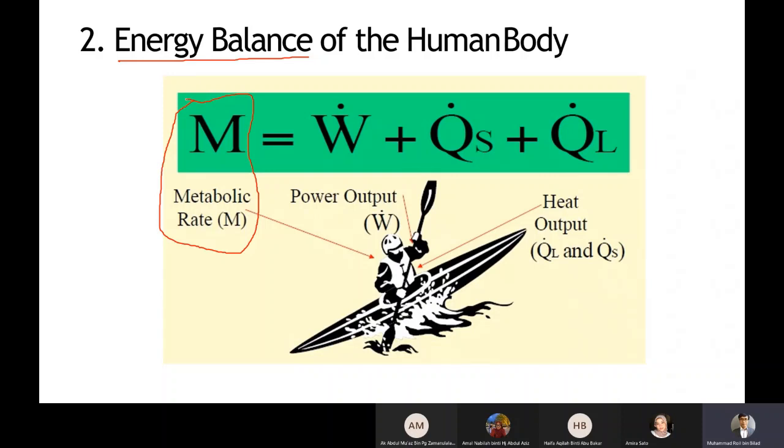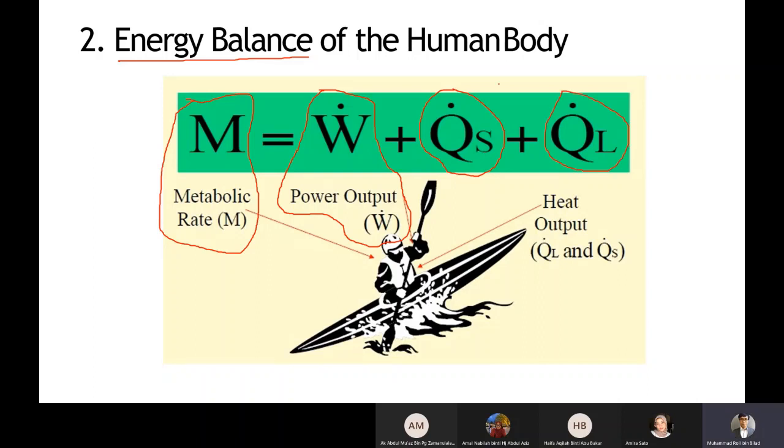So we use the metabolic energy for mechanical activities, for work, mechanical work, and then some of it will be released through sensible heat and through latent heat.